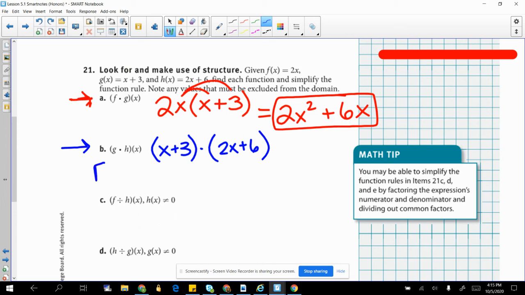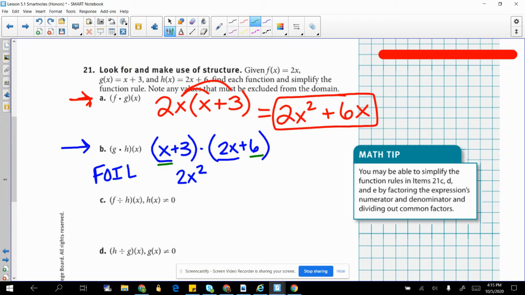The first way being your FOIL method. Hopefully we remember this, okay? So FOIL means first, you're going to take the first. So first times first, x times 2x is 2x squared. Then you're going to take your outers. Outer, outer.